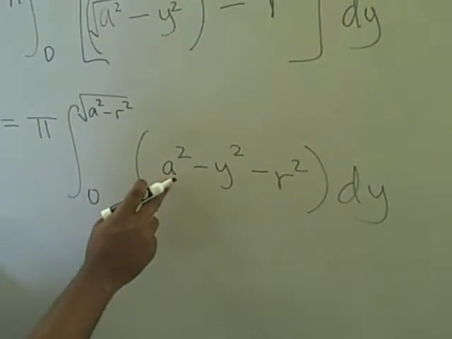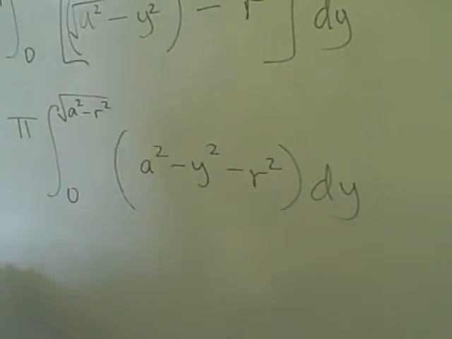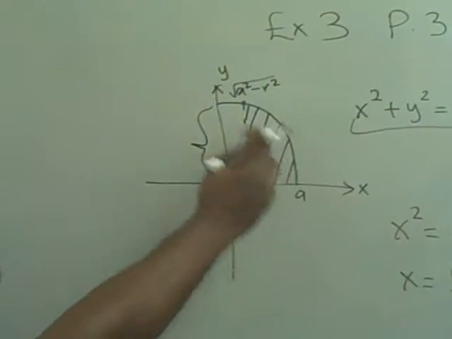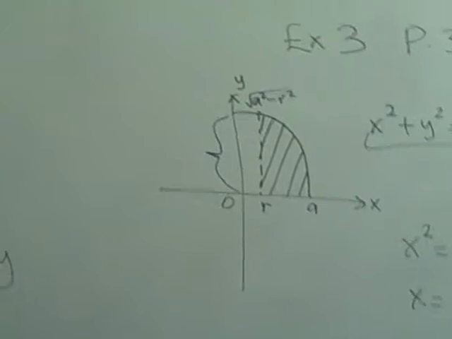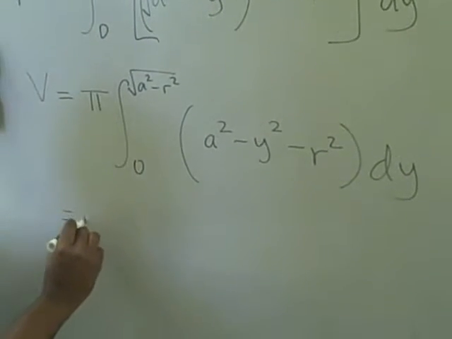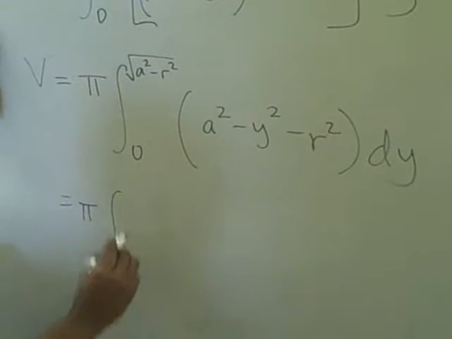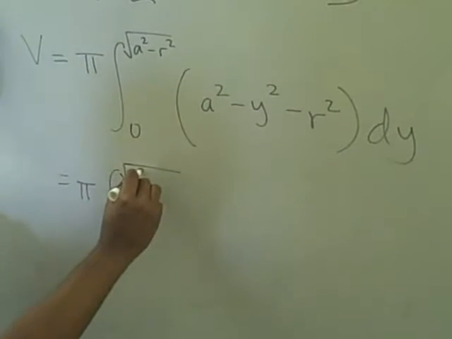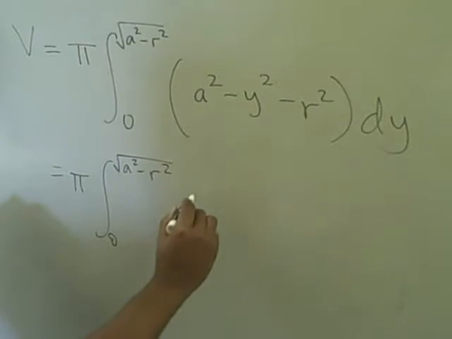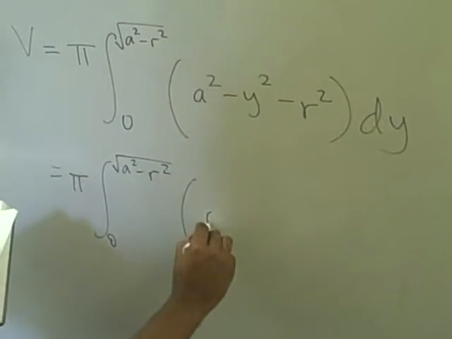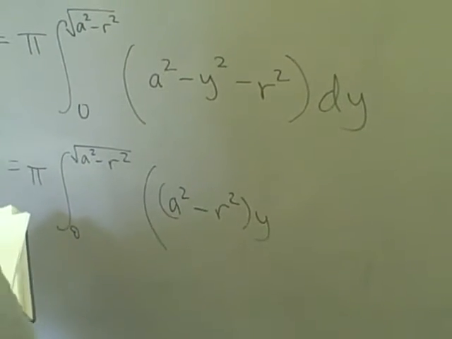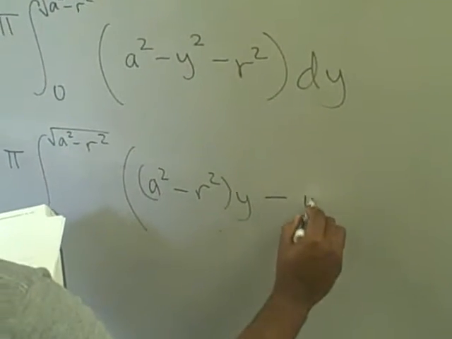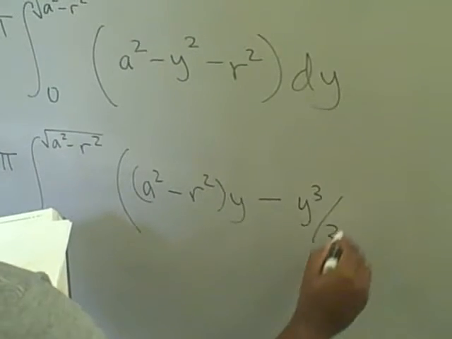You have to notice that a squared and r squared are just constants, because the radius of the semicircle is a, and the radius of the hole is r. So if you integrate this, it becomes pi times, from 0 to the square root of a squared minus r squared, of (a squared minus r squared) y minus y cubed divided by 3.